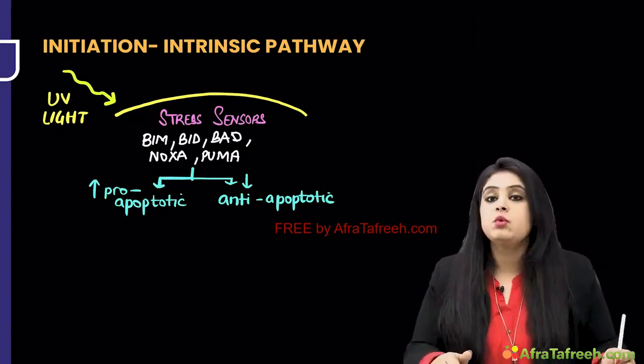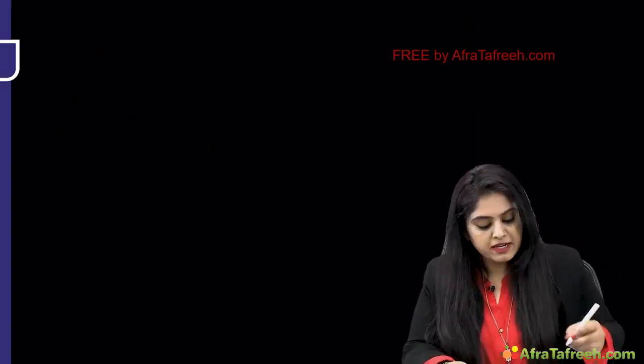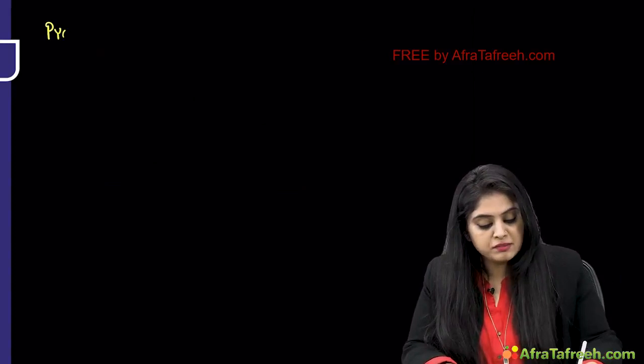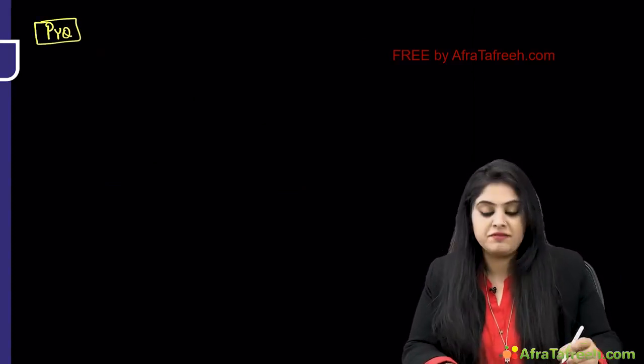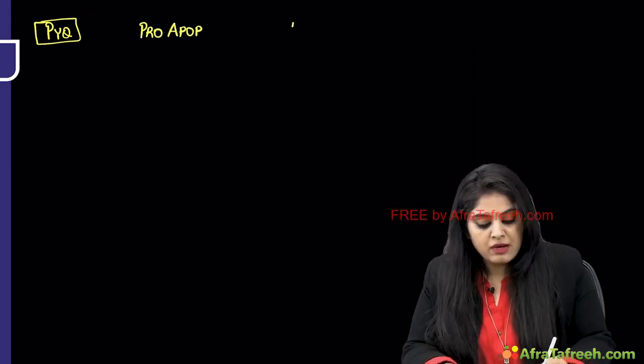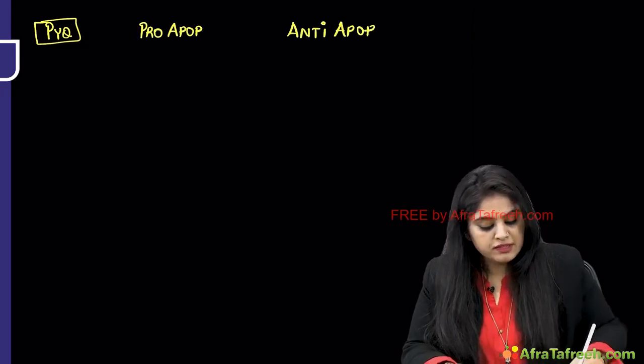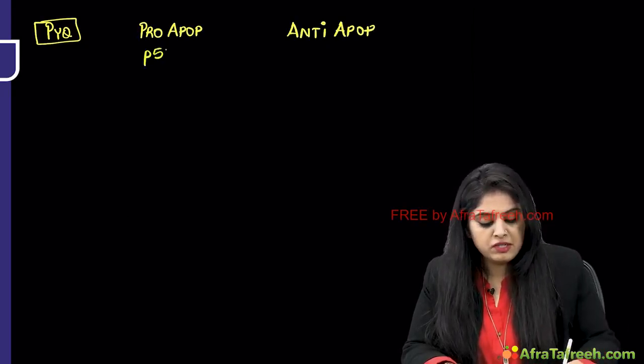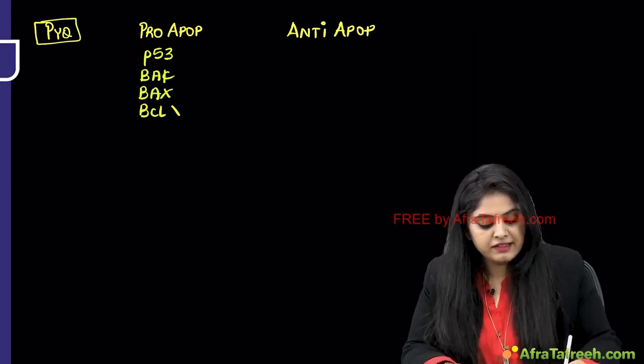So now you will ask me, what are the pro and the anti-apoptotic factors? One of the most famous previous year questions that you have. So yes, what are the pro-apoptotic factors and what are the anti-apoptotic factors? So first let's make a list. P53, BAX, BCL-XS.